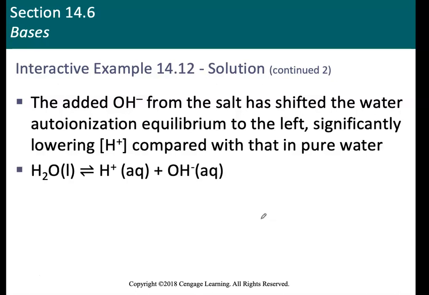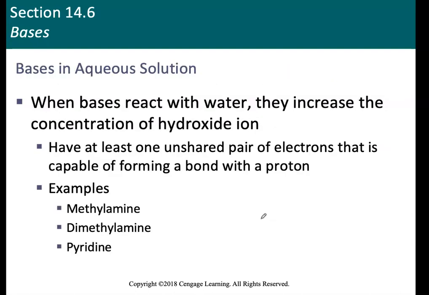Now in the bases, the concentration of OH contributed from water in that equilibrium is negligible. We're taking it that it's not so significant compared to the concentration of the strong base.